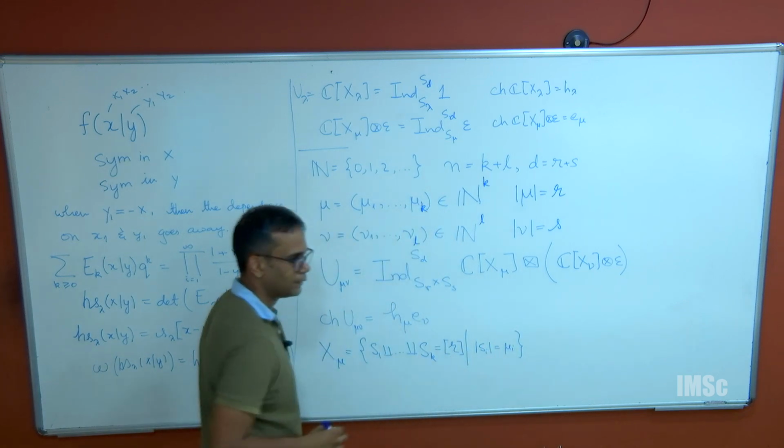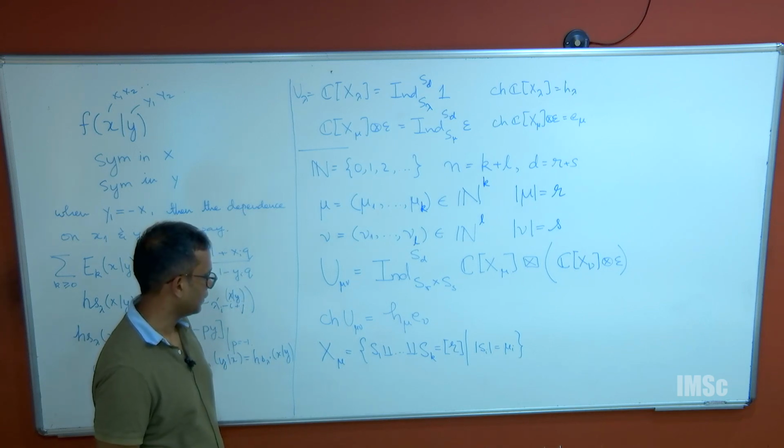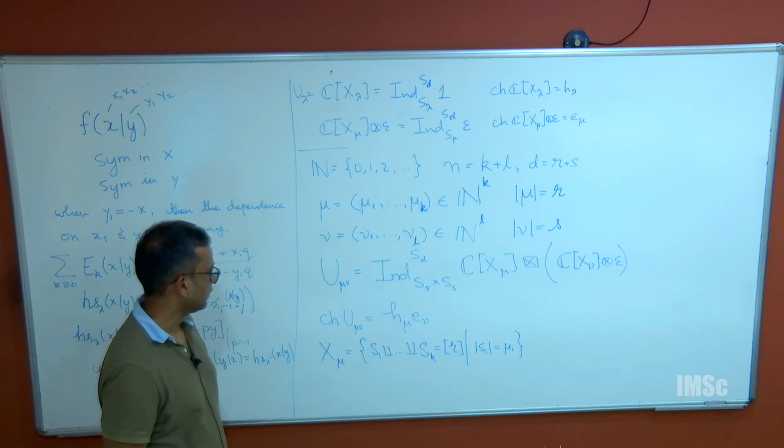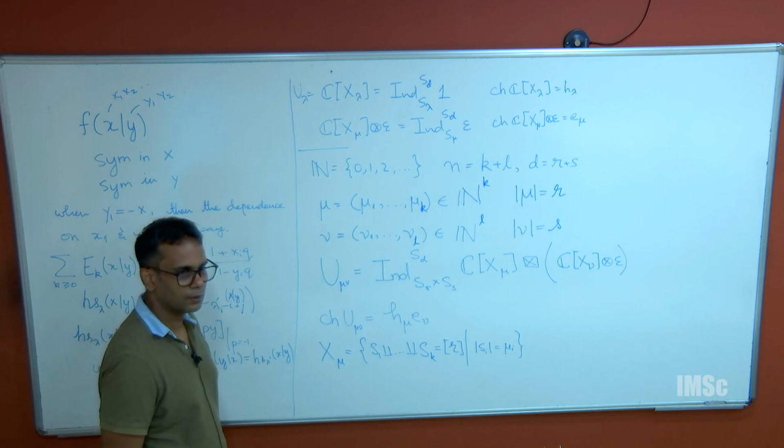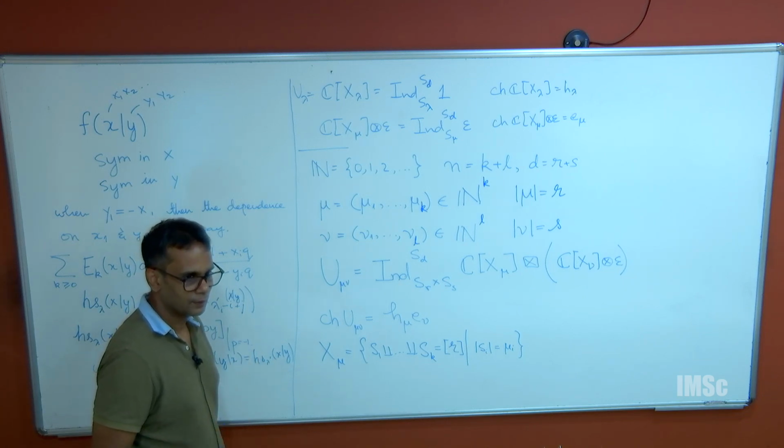I want it to be an integer vector. But ultimately this is indexed by mu and nu partitions. It's isomorphic if you permute things, if you just take the equivalence classes.